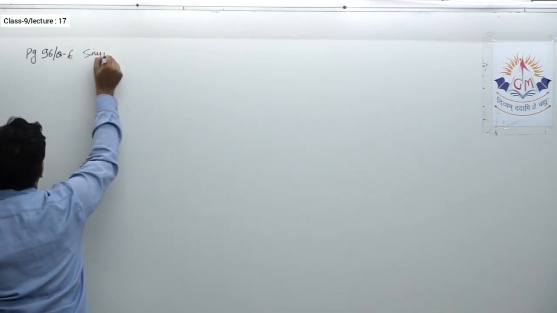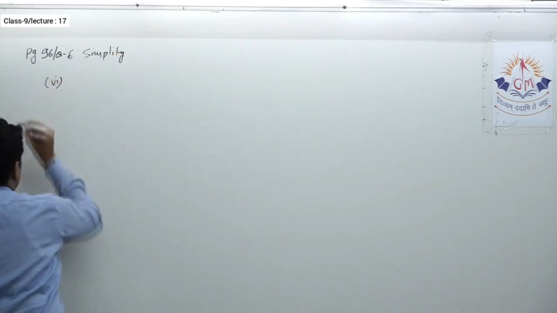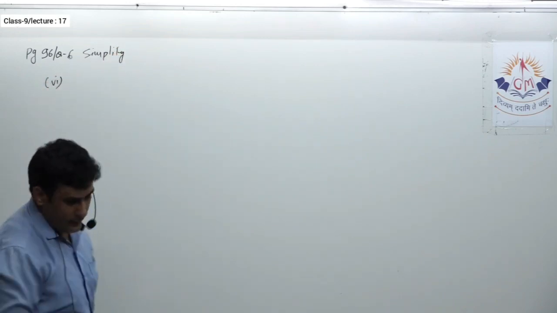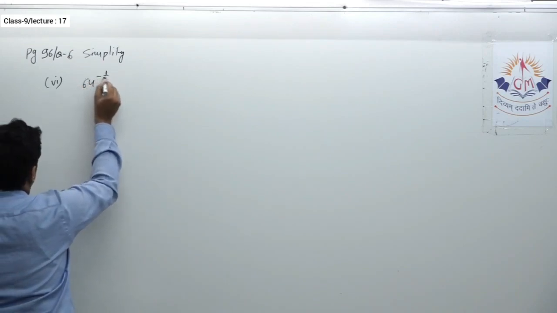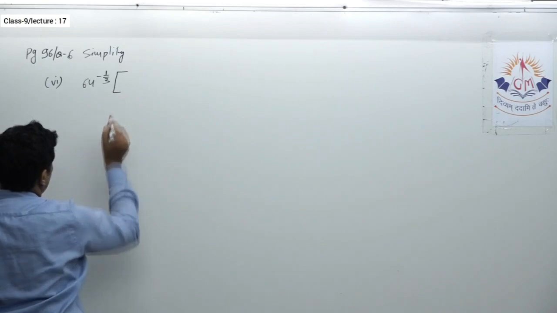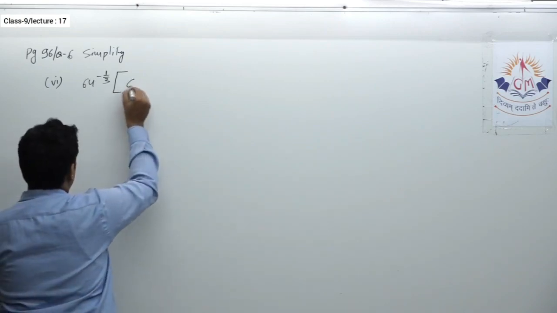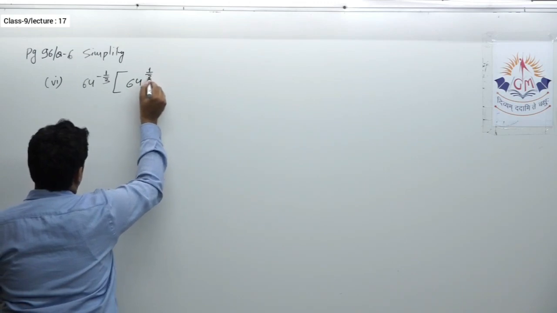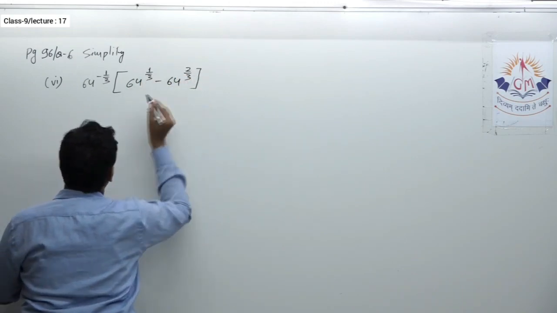Again you have to simplify. The question is 64 raised to minus 1 by 3, then bracket starts, 64 raised to 1 by 3 minus 64 raised to 2 by 3.